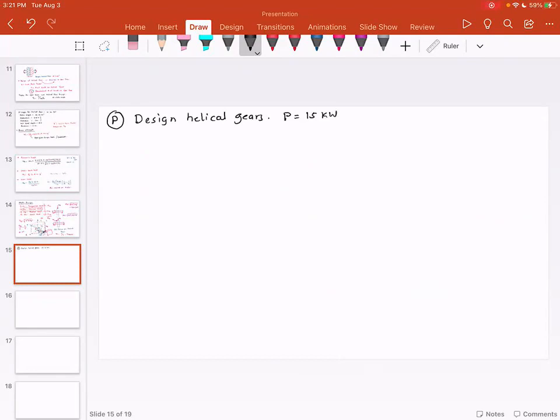That is the power transmission. The teeth are 20-degree stub. So this is the pressure angle, and the gear are shaved off on the addendum. So this is a stub gear. The next step is the helix angle.